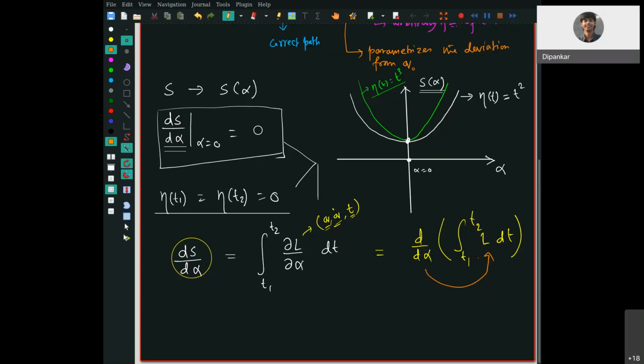That's why I changed the differential symbol from total derivative to a partial derivative, to remind us that I will not differentiate with respect to t, because the t dependence has already dropped out.